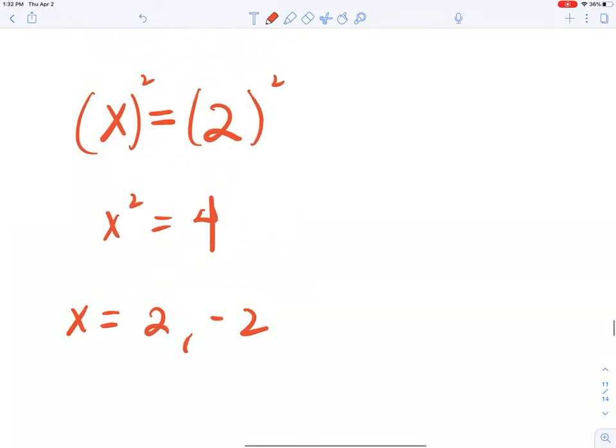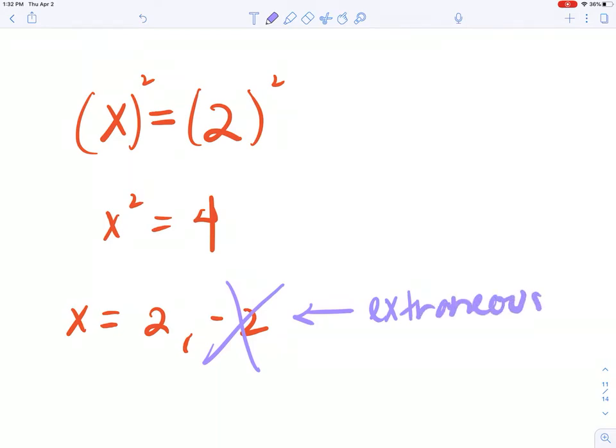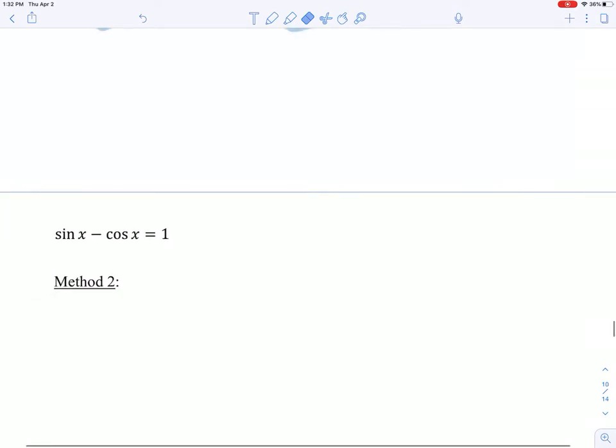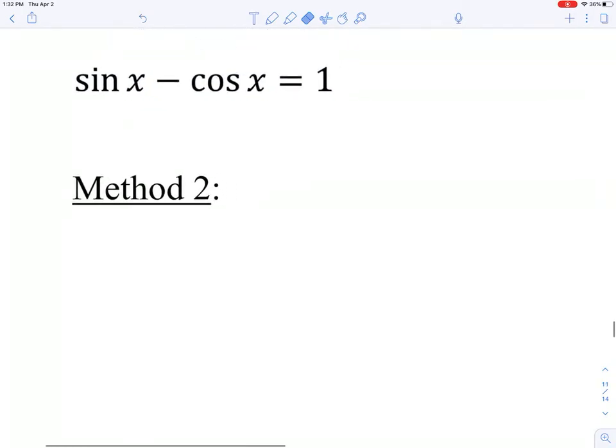We would have 2 and negative 2. However, if we look at our original equation, negative 2 is not equal to positive 2. Negative 2 is actually an extraneous solution, a solution that does not make sense. So that's why if you square both sides of the equation, you need to check for any extraneous solutions, okay?